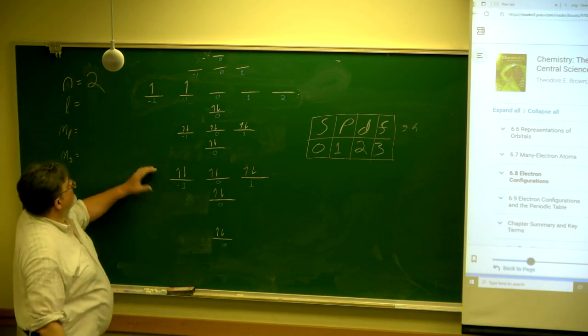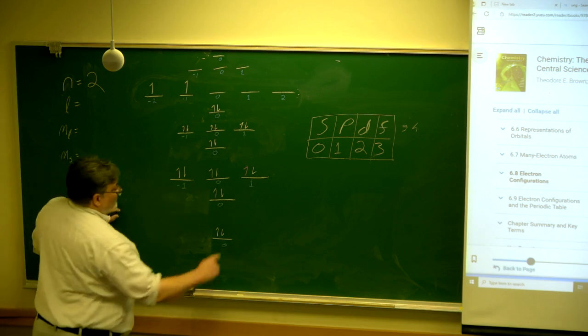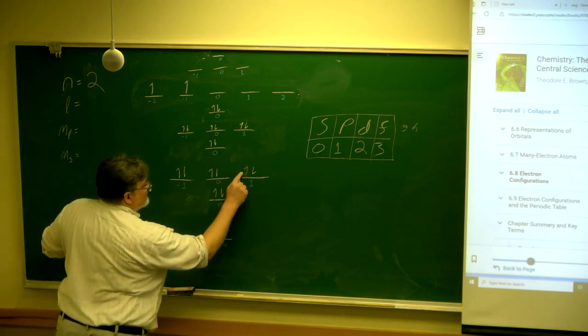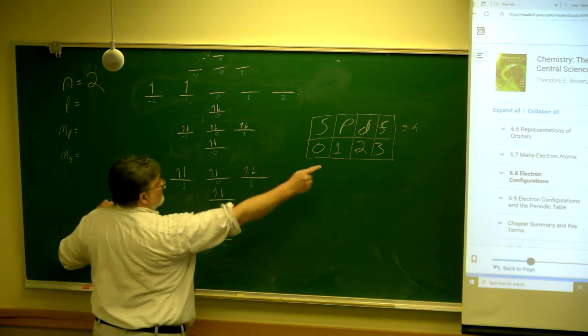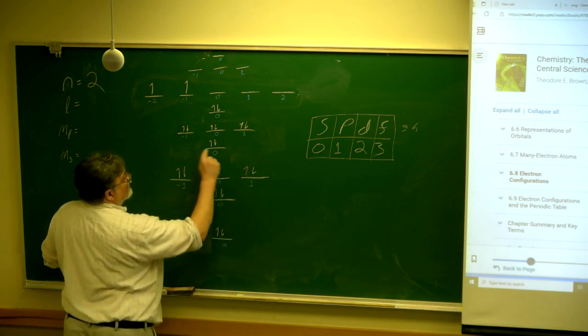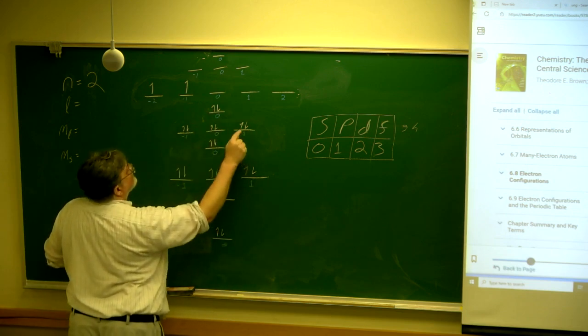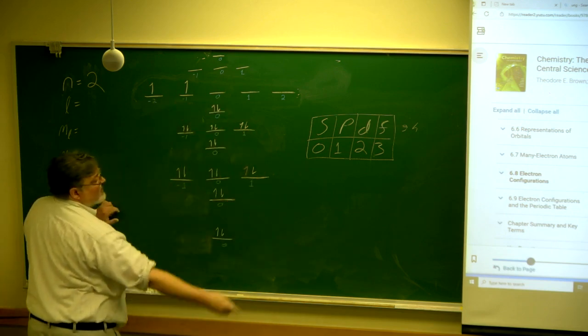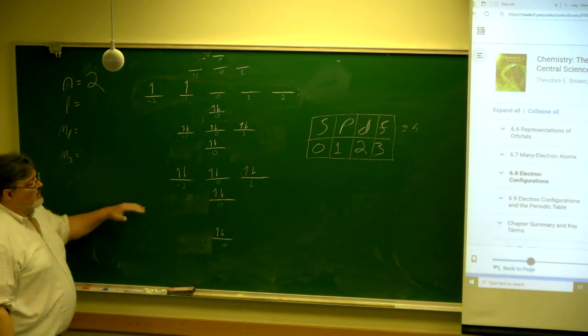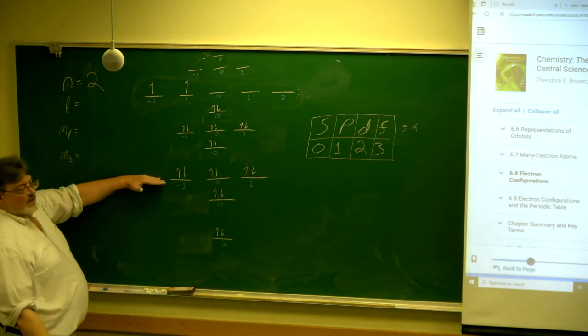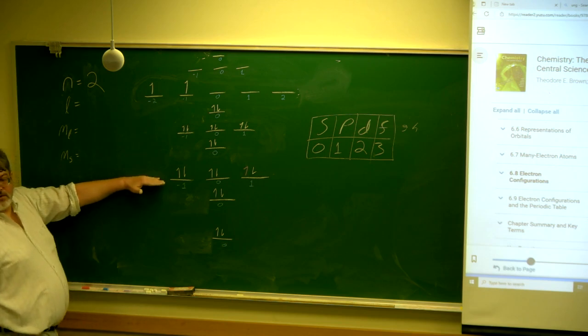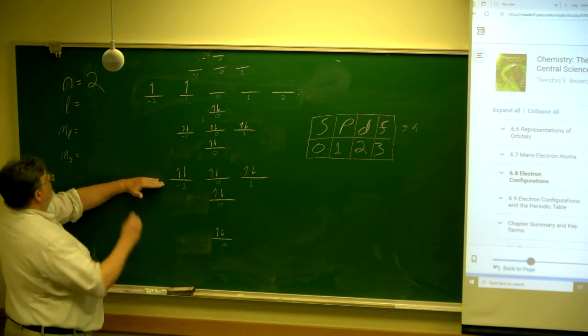That's the second shell, so that's a 2. I'm specifying this. So look over here. These were the s orbitals. The 3s were the p orbitals. But in this new system, the purple one is here. So instead of p, we're going to use 1.